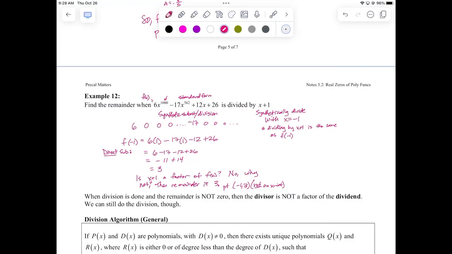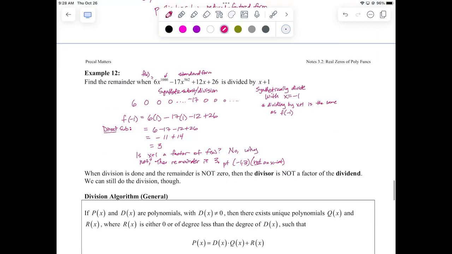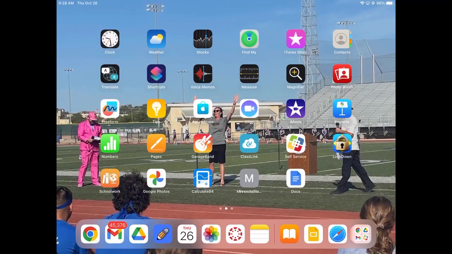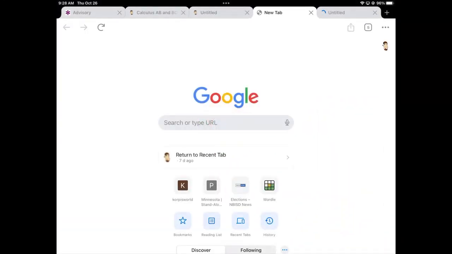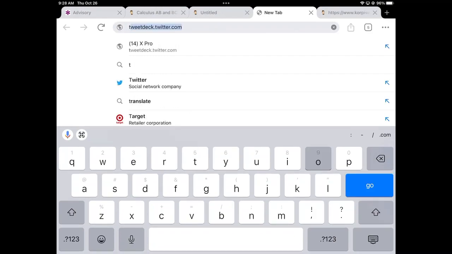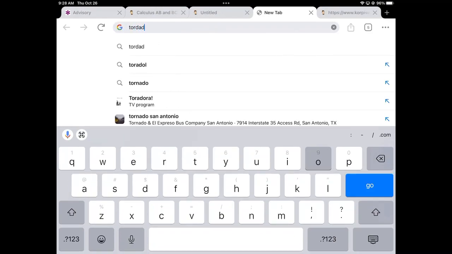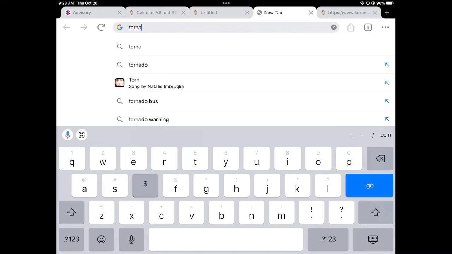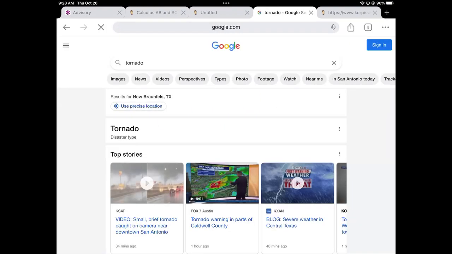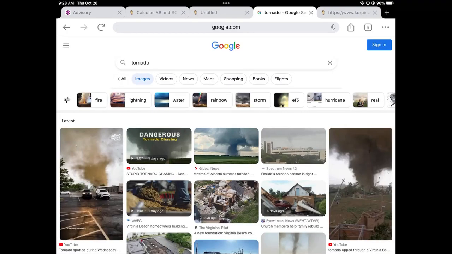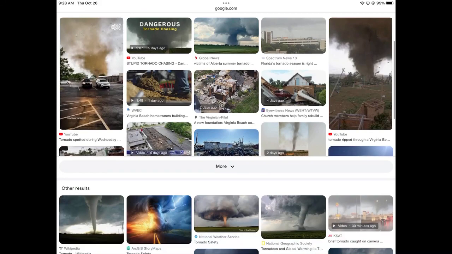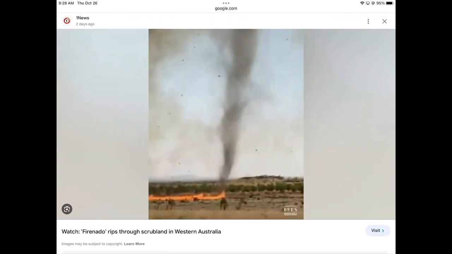I don't think I've ever seen one. You want to Google one? I'll show you what one looks like. They said they got a video of it in San Antonio. A tornado kind of looks like a funnel cloud. I know you said you've never seen one, but it looks kind of like a funnel cloud. I've seen the movies. Oh, so you have seen a tornado?